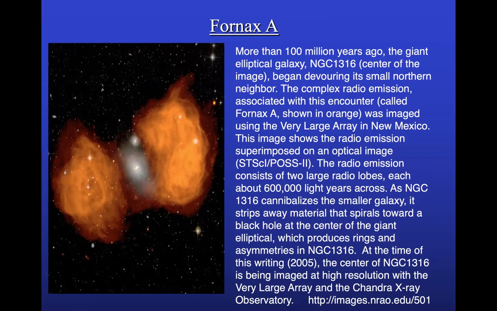This part was observed with the Very Large Array, which is an array of telescopes in New Mexico. Now think about the size of these lobes: one is close to 600,000 light years across.